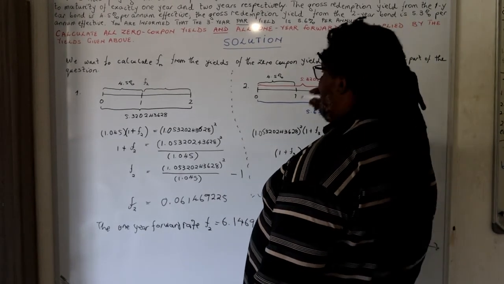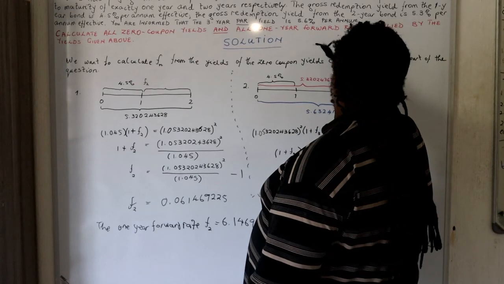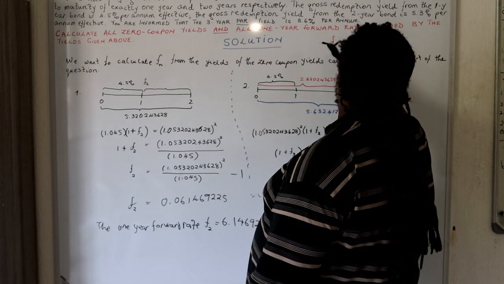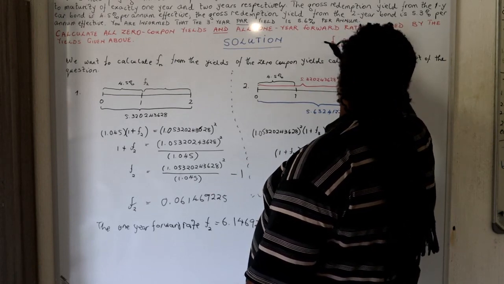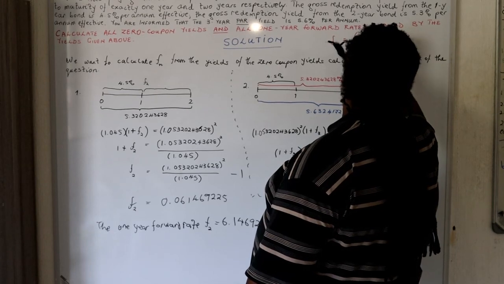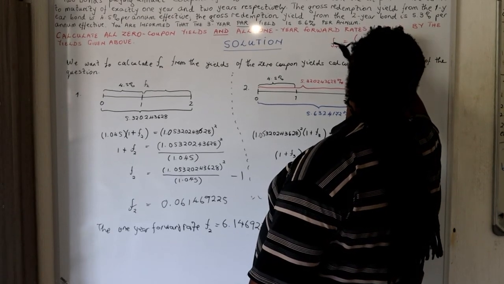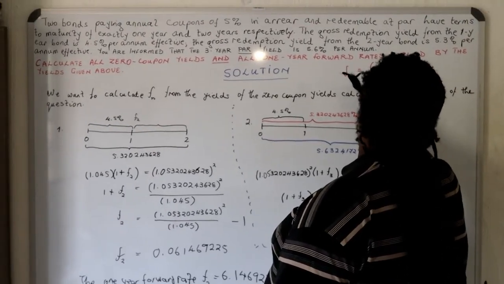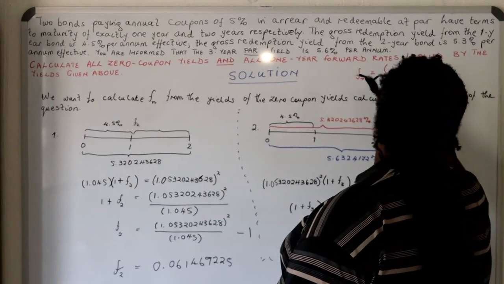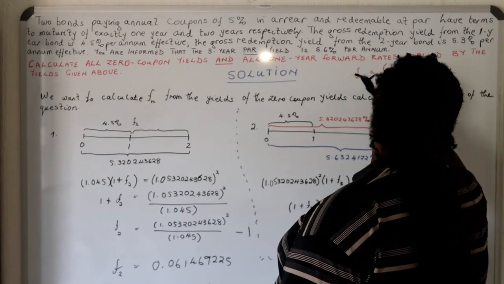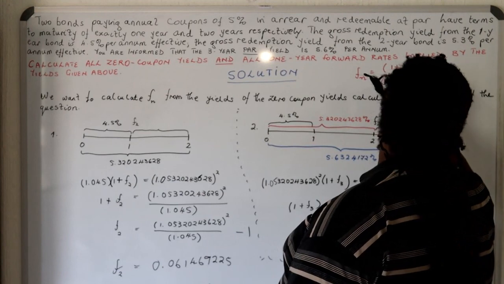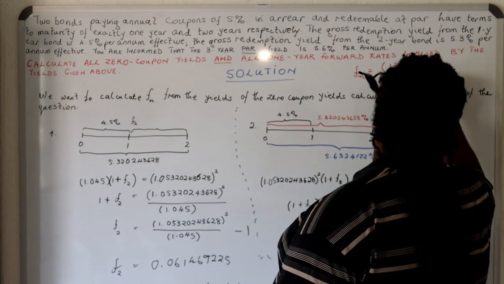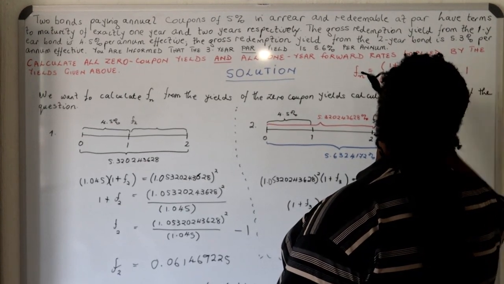So if you want to calculate Fn, we say Fn equals to 1 plus yield to maturity for n to the power n over 1 plus yield to maturity for n minus 1 to the power n minus 1, and then we subtract 1.